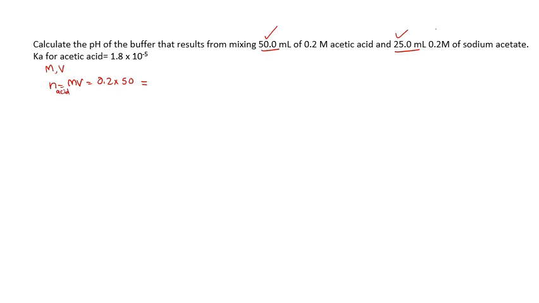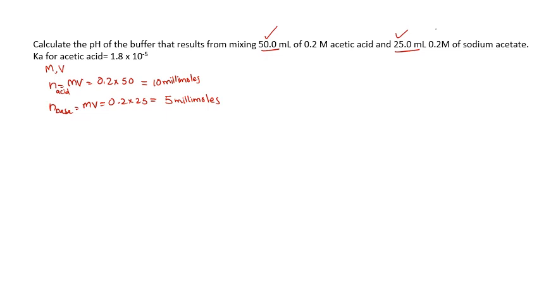So that will equal 10 millimoles. And for the base, I will calculate the same, that is the conjugate base, molarity times volume, which is 0.2 times 25, that will equal 5 millimoles.